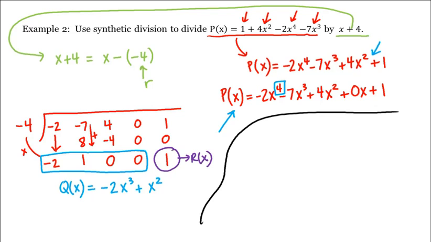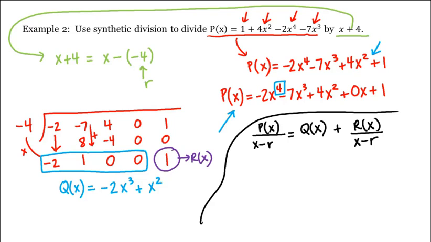Therefore, by the division algorithm, we have that p of x divided by x minus r is equal to the quotient q of x plus the remainder r of x divided by x minus r.